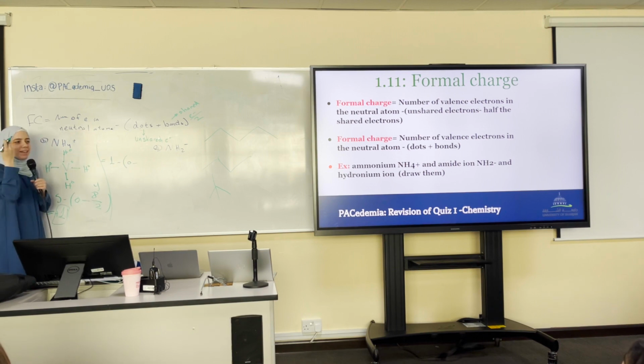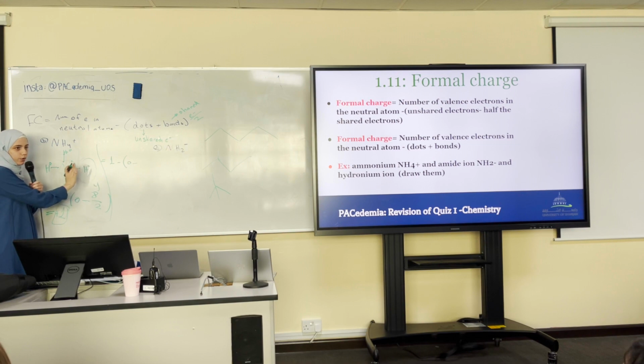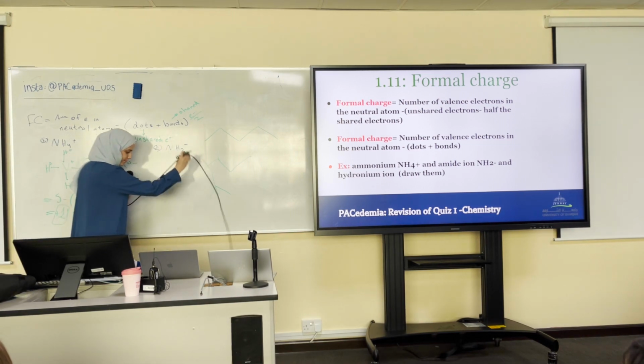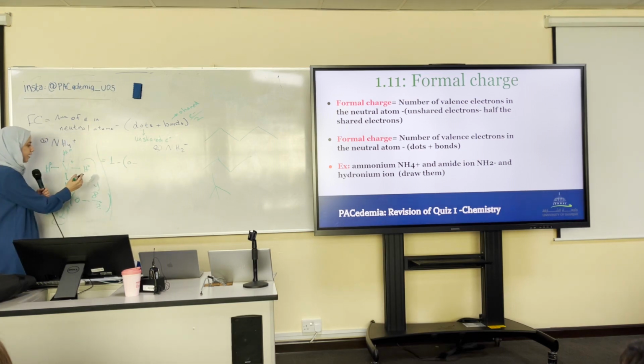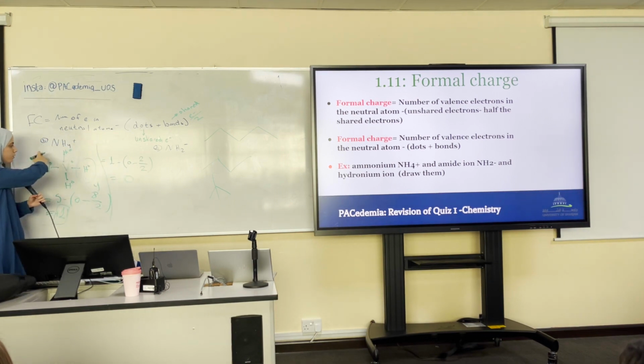Look at the formal charge: let's look at the atom alone and what is attached to it. That will be 1 minus 1, which is 0. The same for all hydrogen atoms.